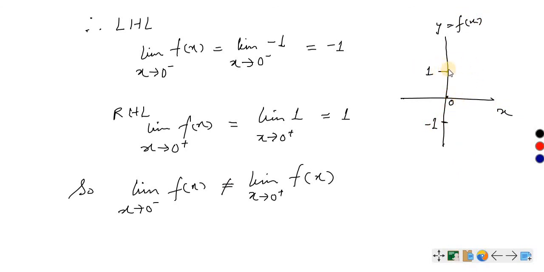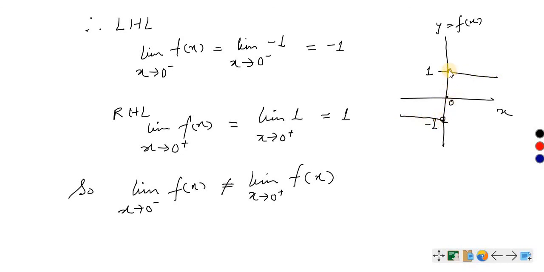We are going to get a curve for x greater than 0 in this way. So here is 1, and for x less than 0, this is the other one. So you can see the function is not continuous. This is f of x and this is also f of x, but we are having different values.